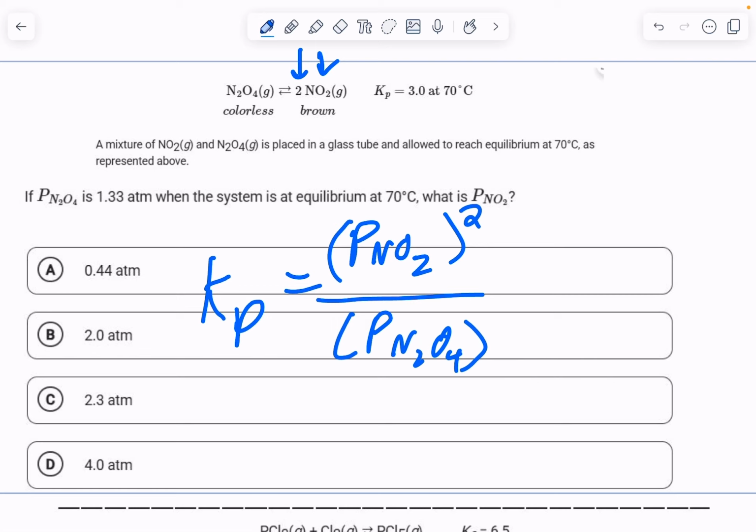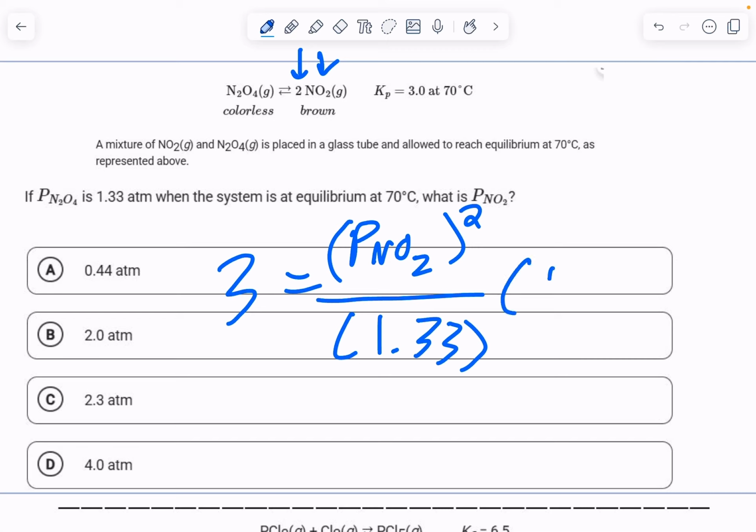So, for example, the Kp I know, that's 3. And I know the pressure of my N2O4, which is 1.33. So all I don't know is my pressure of NO2, which is exactly what I'm looking for. So I'll just solve for that.